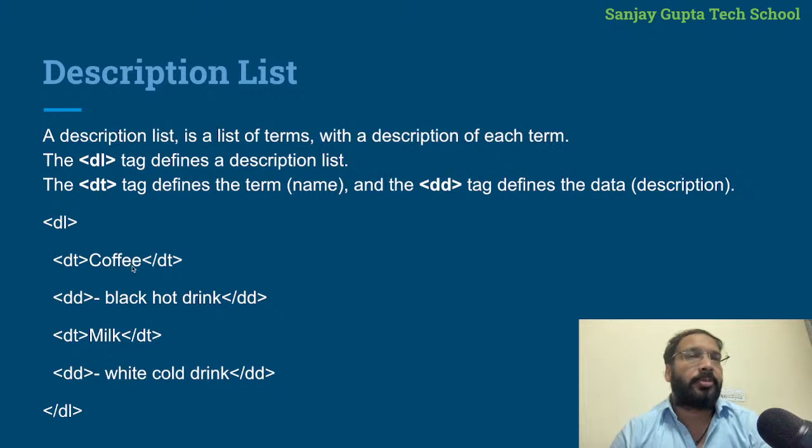First coffee will be displayed, and then as a sub option, black hot drink will be displayed. Then the second term is milk, and its data is white cold drink. This way, if you want to show sub options, you can use this description list.